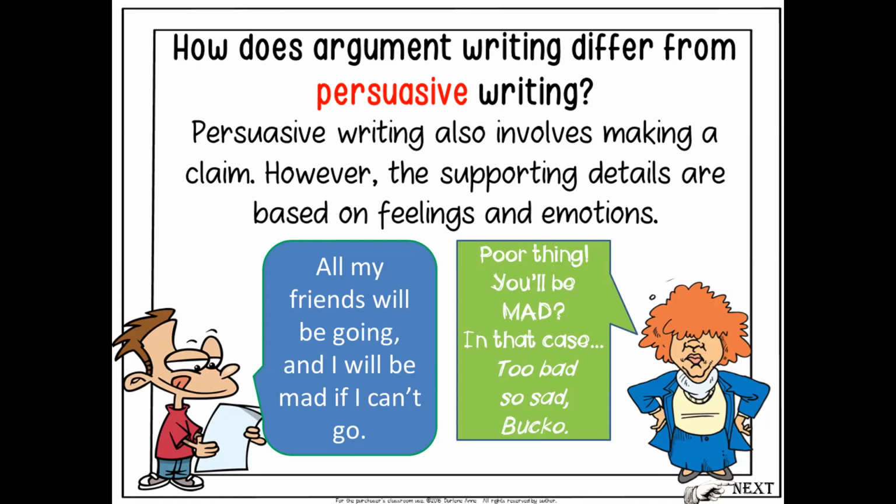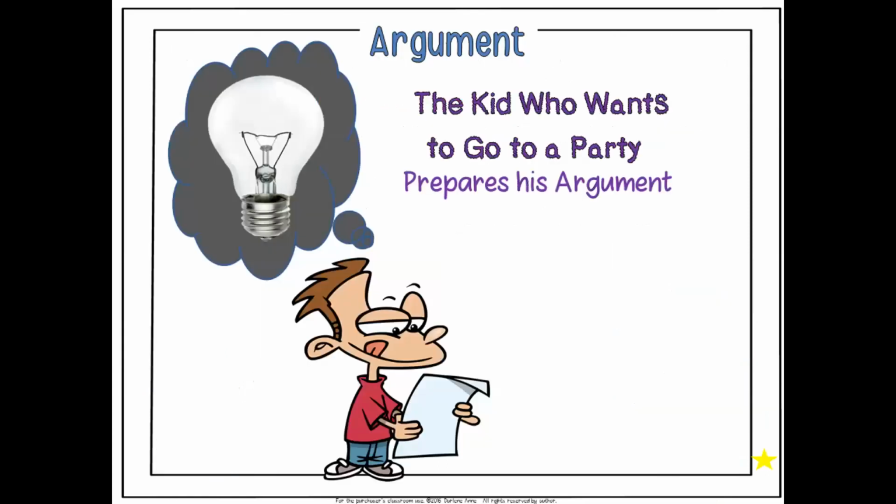And then Mom, you guys know this, Mom, poor thing: you'll be mad. In that case, too bad, so sad. I don't care if you'll be mad, you can be mad. This kid really wants to go to the party, so he goes on to prepare his argument.